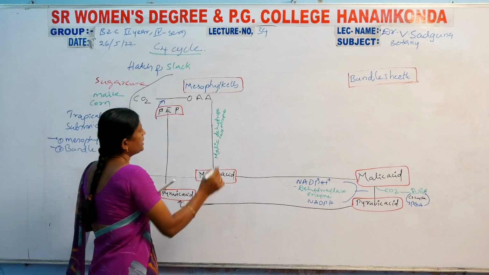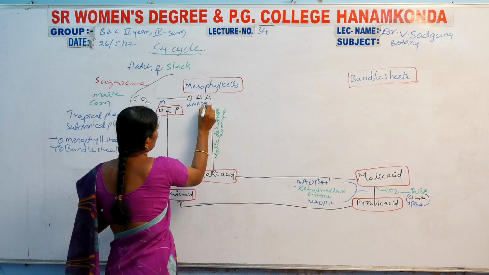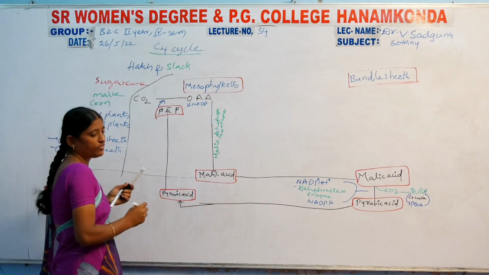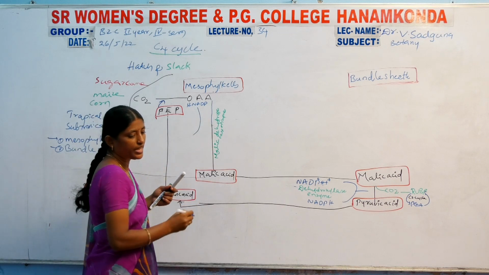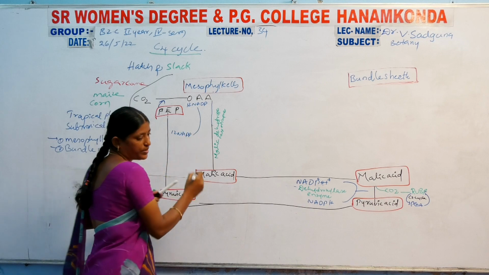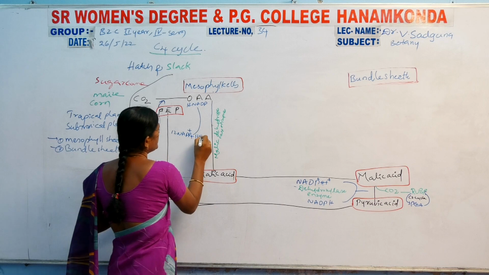So here, 12 moles of NADP are involved, converting into 12 moles of NADPH, that is 12 NADP plus 12H.